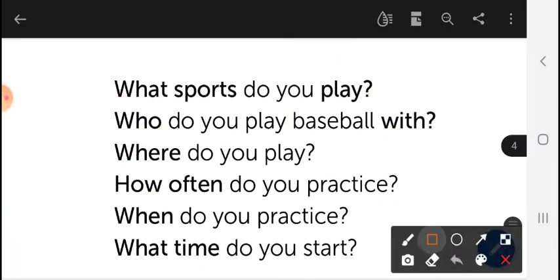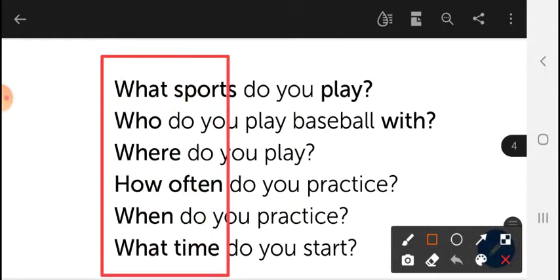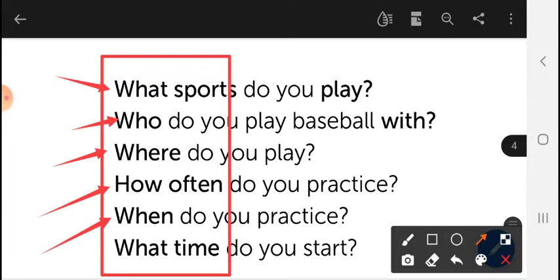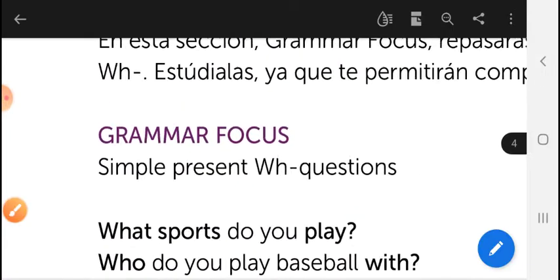Estas son para sacarle information a la gente, para saber su information. What sports do you play? Who do you play with? Where do you play? How often? When? And what time? Son como una especie de interview, okay?